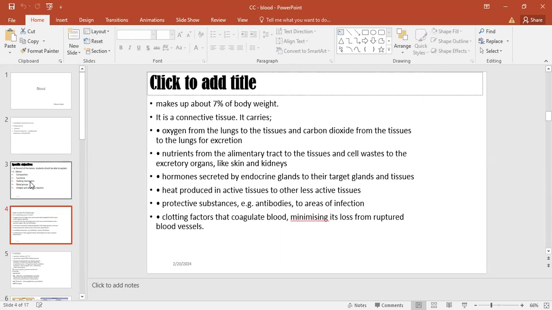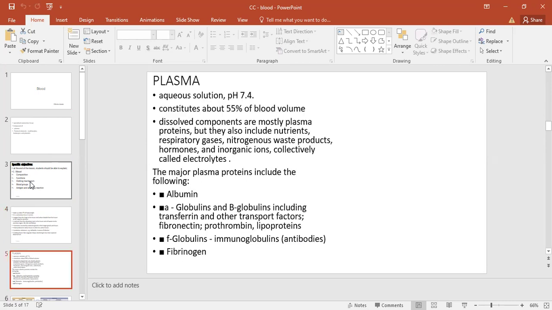They carry heat, which is produced inside the body in metabolically active organs, and provide it to other organs that are not metabolically active. They carry antibodies from one place to the other. They also carry clotting factors, especially from the liver, to where they are needed.